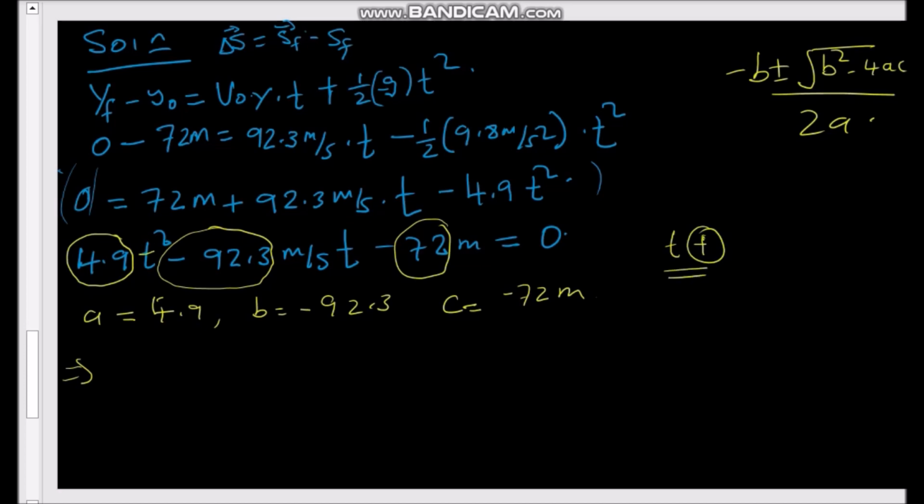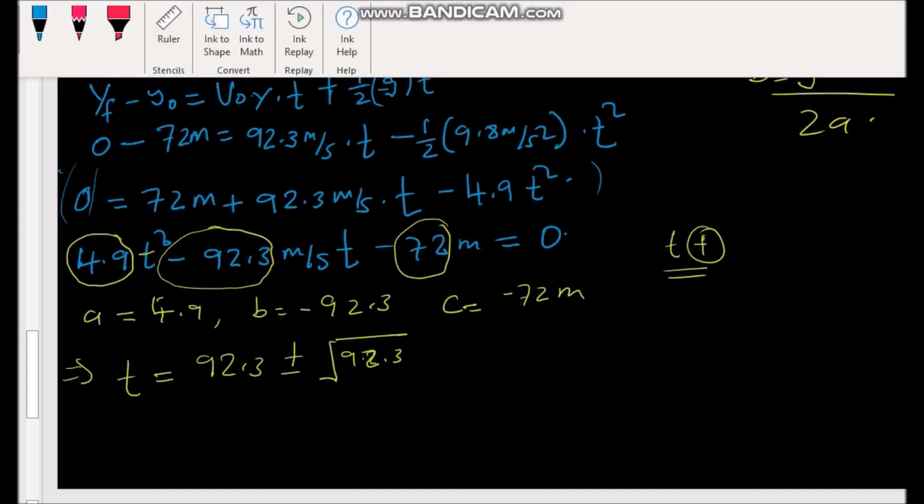So the time can be calculated as equal to minus b, which means 92.3, plus or minus the square root of b squared, already 92.3. Sorry, my handwriting is poor, really. I'm sorry.